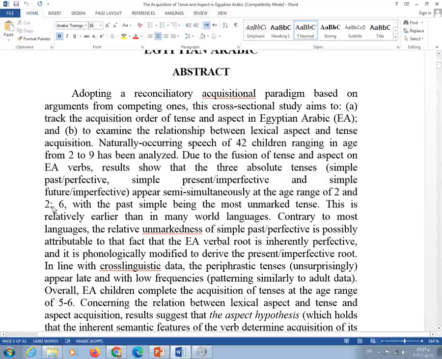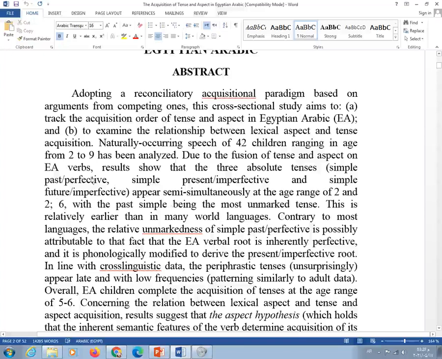where we can say that between the time of speaking and the event time, there is some sort of absolute relationship. We find that the three absolute tenses are simple past, which is perfective, simple present, which is imperfective, and simple future, which is also imperfective.